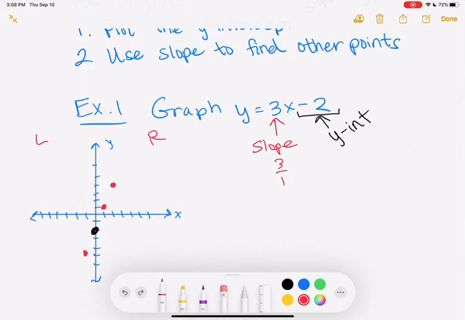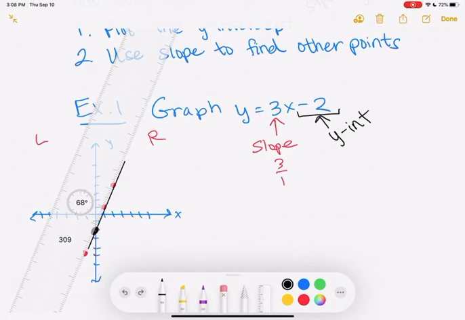So we've got our dots. Well, let's go ahead and connect them up. And there we go. Isn't that cool? So we just graphed y equals 3x minus 2.